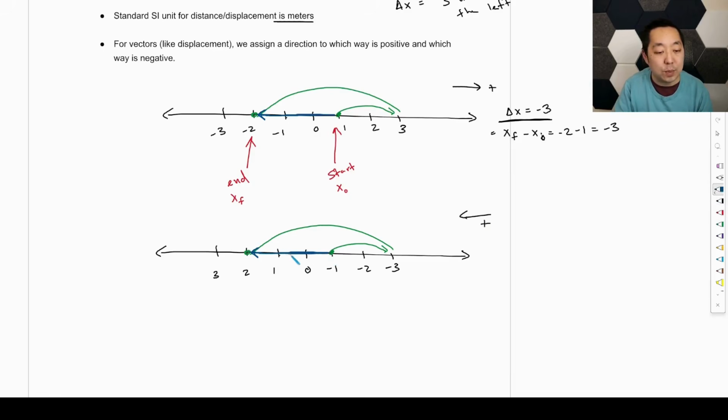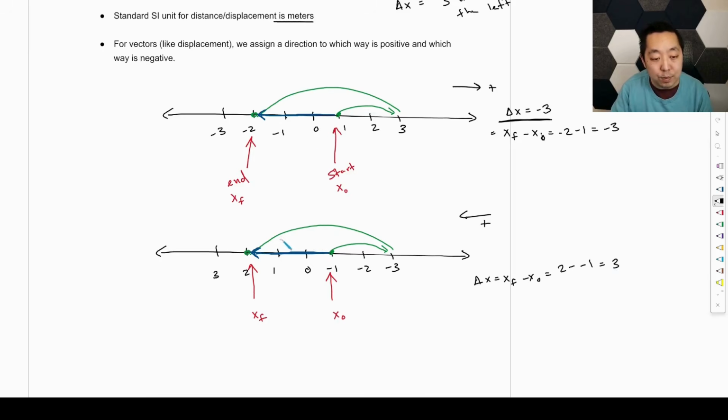Now, the displacement is still to the left, and if you calculate the displacement by doing the change in position, where you ended and where we started, that part didn't change. All I did was change how I labeled the numbers. Then it's going to be 2 minus -1, because we're at 2, we start at -1, and that's going to be 3.